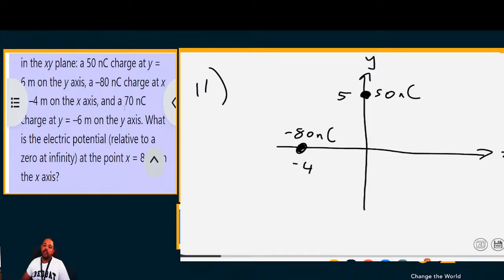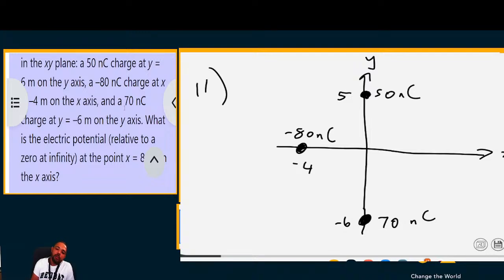And a 70 nanocoulomb charge at y equal to negative 6. So where y is equal to negative 6, there is a 70 nanocoulomb charge. So this is the situation. We have three charges set up like is shown in the drawing.